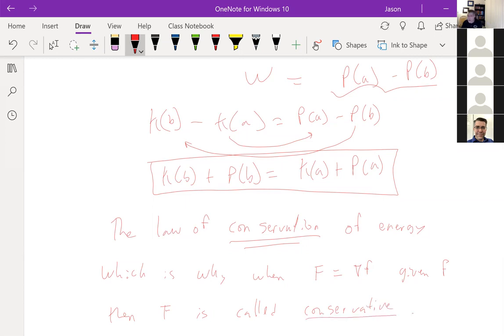It's not because it votes a certain way. It comes from the law of conservation of energy.